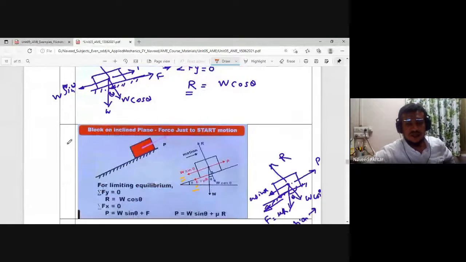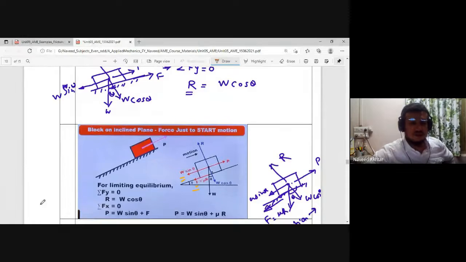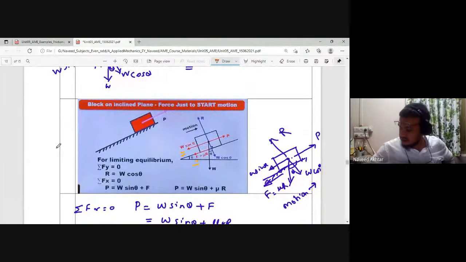And then inclined plane, force just starts the motion. That is also seen in the previous class. Block on inclined plane, force just starts the motion, यानी force start होने वाला है, just the motion will start.